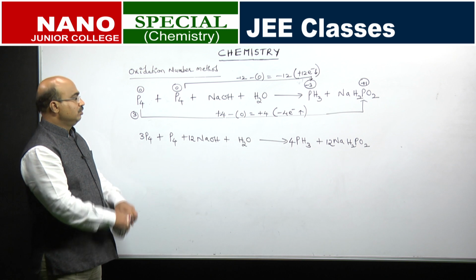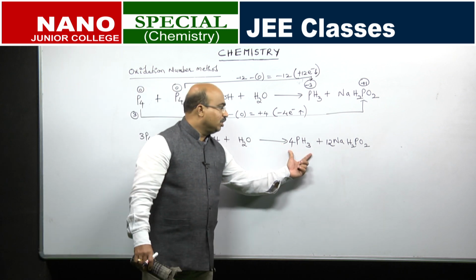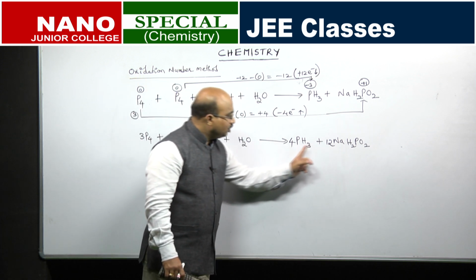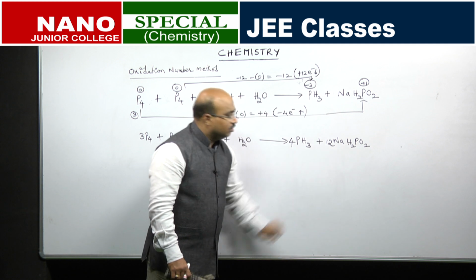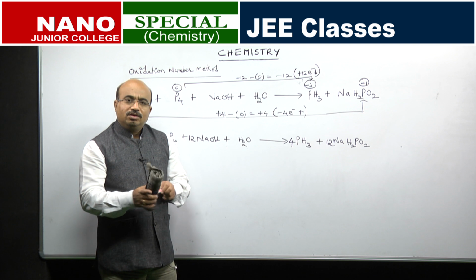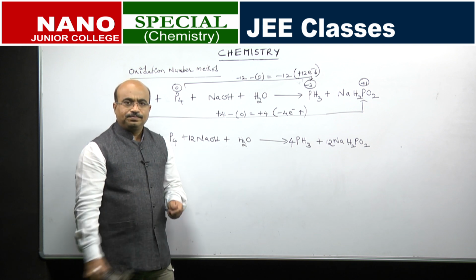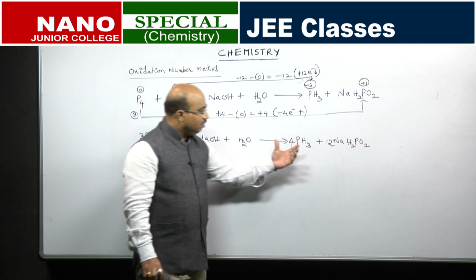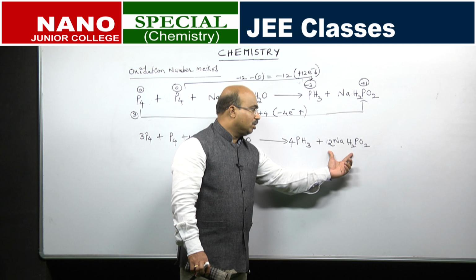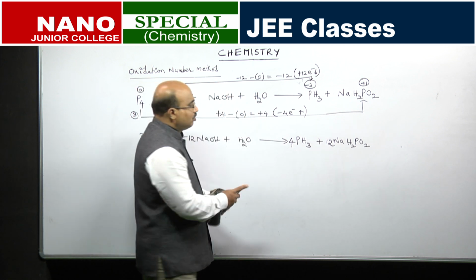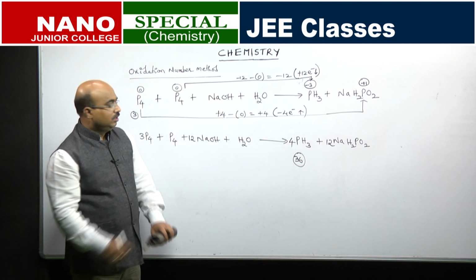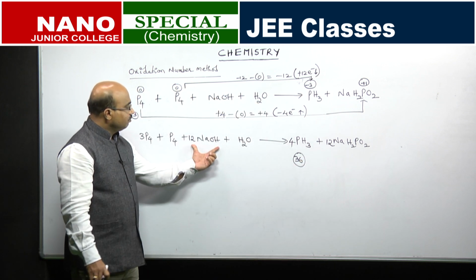Now, the hydrogens: here 12, here 24, because these hydrogen coefficients you can't change. The method says if some coefficient is already given, do not change that coefficient. So, this is already fixed. Hydrogen here 12, hydrogen here 24, total hydrogens are 36, 12 plus 24, but hydrogens here already 12 are there.